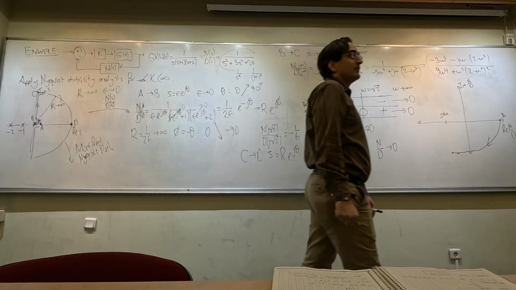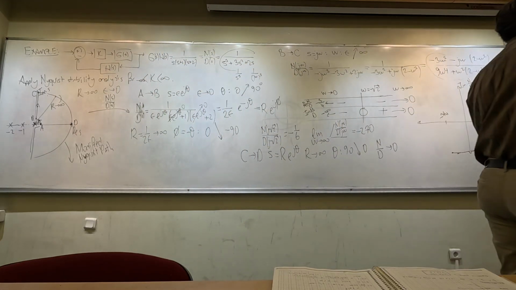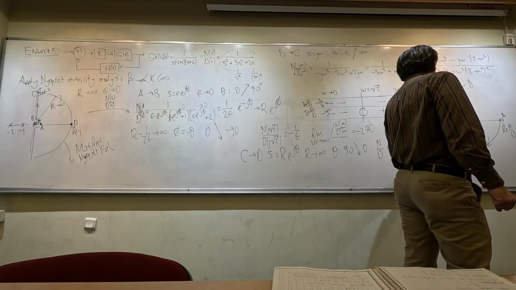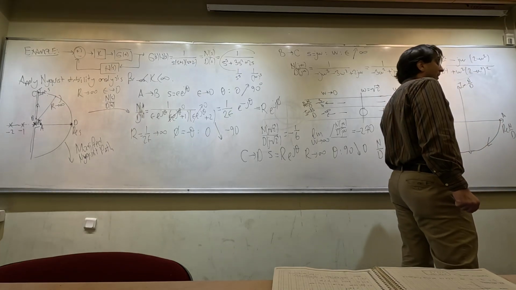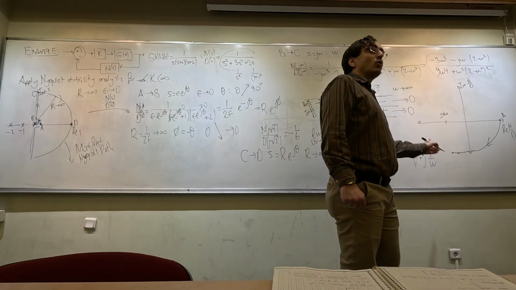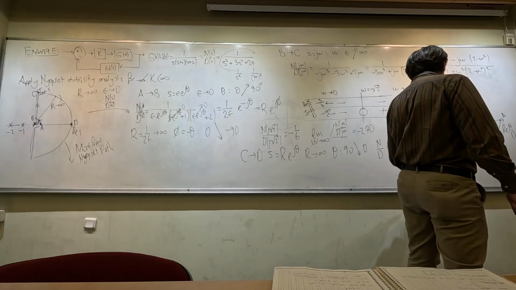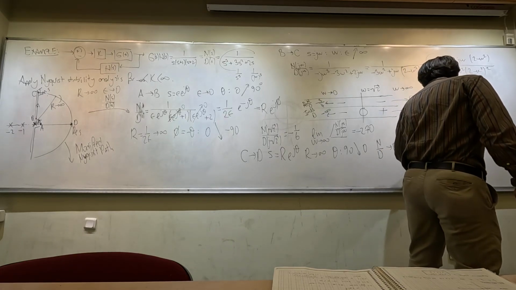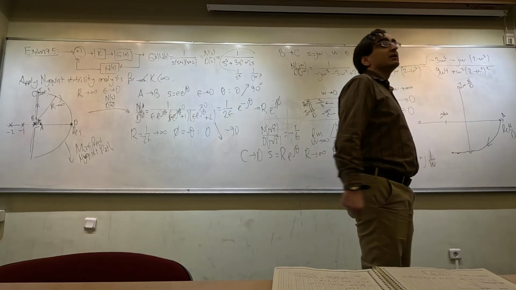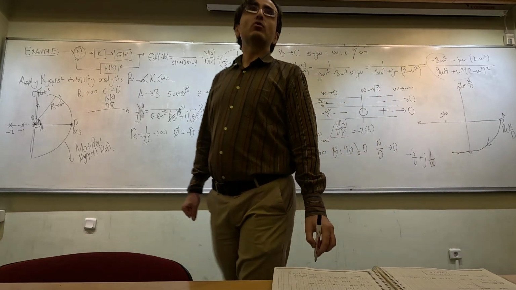What is the angle of such a point? Minus 3 over 4 plus j, let me say, 1 over omega. As omega goes to 0, what would be the angle of such a complex number?